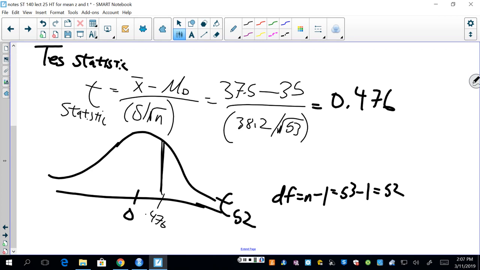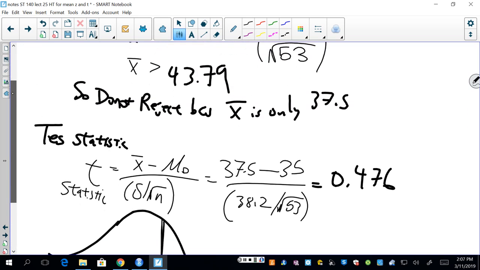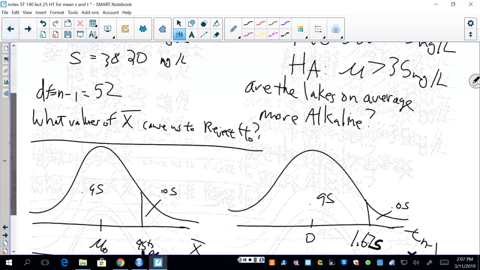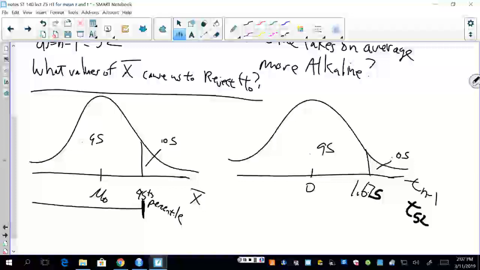What would be the t-value that would surprise us? The t-value that cuts off the upper tail is 1.675. So we'd have to get that far above to really be surprised.